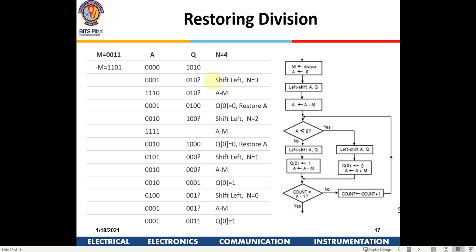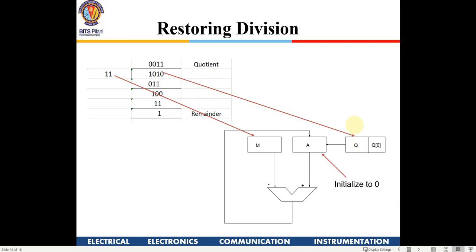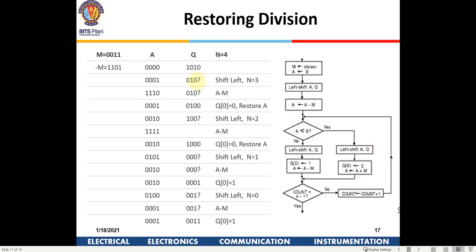The first operation is going to be shift left. So we shift it left. Now, what is to be put in Q0 is not known initially. That will be known only after the subtraction. So the first operation is shift left, and then you do minus M. Minus M is adding this number.